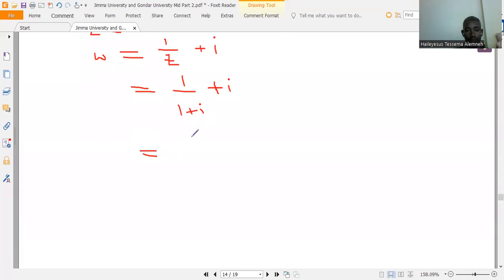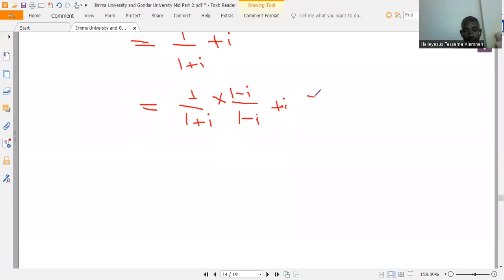So which is the same as 1 over 1 plus i. In standard form of a complex number, multiply by 1 minus i over 1 minus i, and the plus i remains, which is equal to 1 minus i over the product of 1 plus i times 1 minus i.